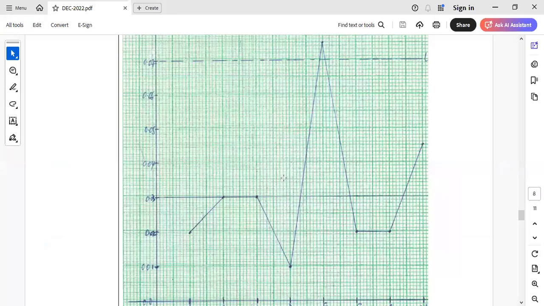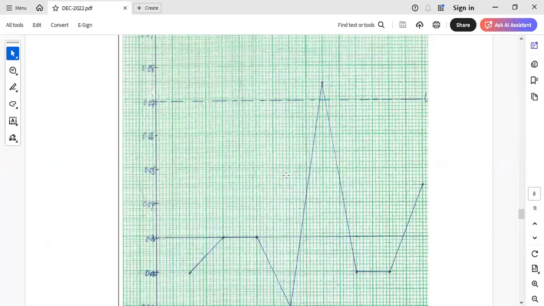Now, after that, remember on your chart, you must have a line indicating the upper control limit, a line indicating the average, and a line indicating the lower control limit. So our upper control limit is 0.07.